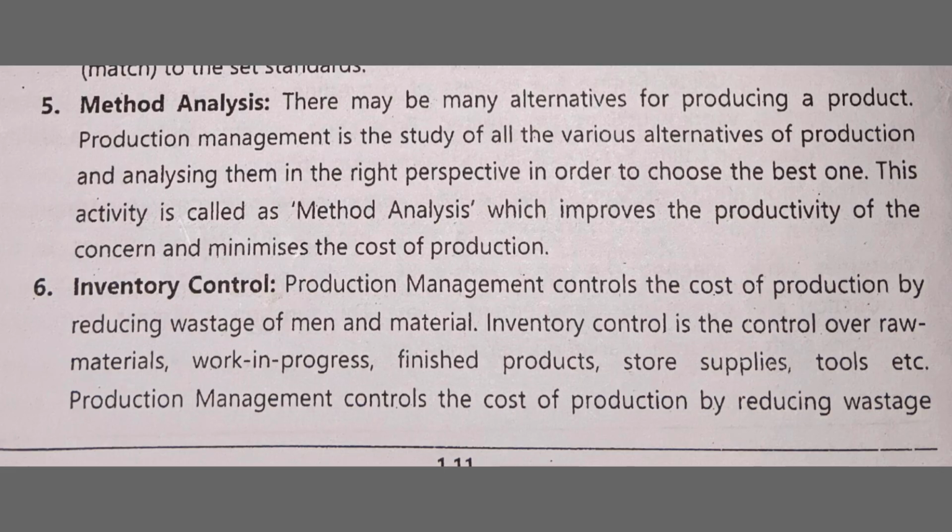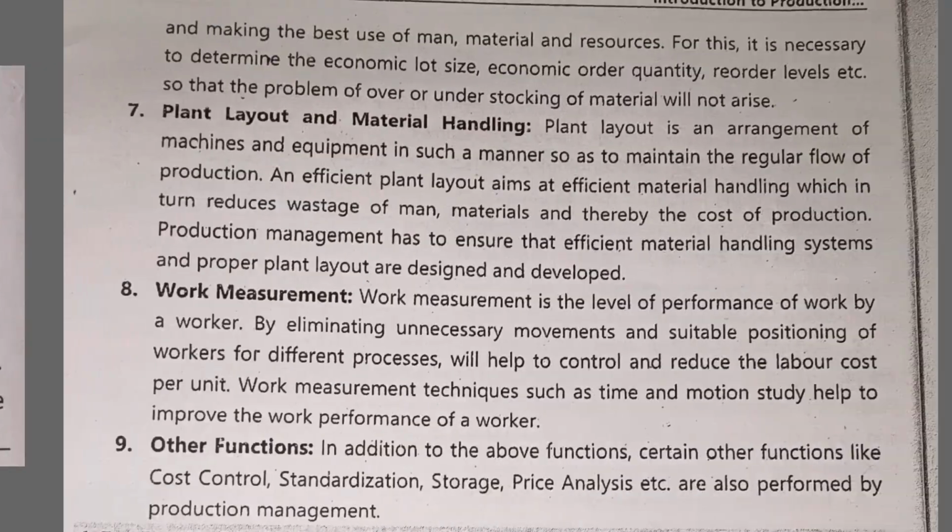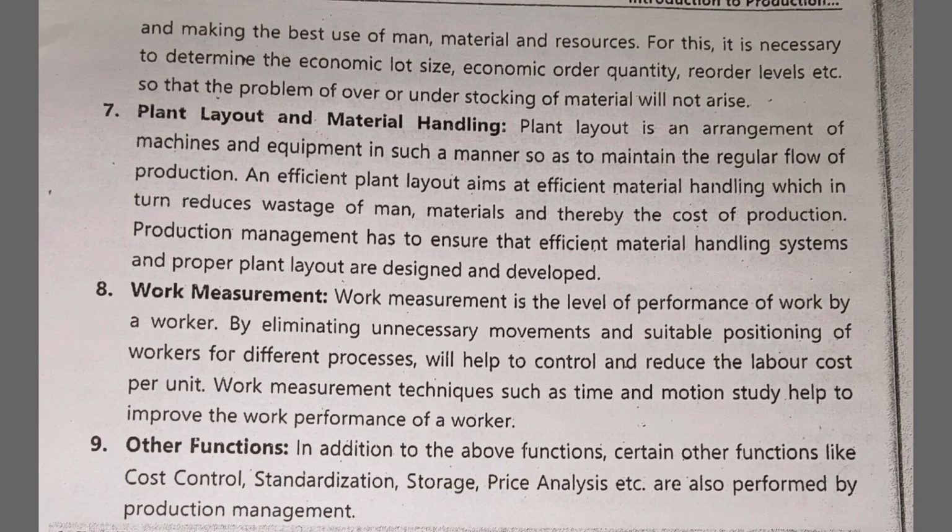Sixth, inventory control. Production management controls the cost of production by reducing wastage of men and material. Inventory control is the control over raw material, work in process, finished product, store supply, tools, etc. Production management controls the cost of production by reducing wastage and making the best use of men, material, and resources.